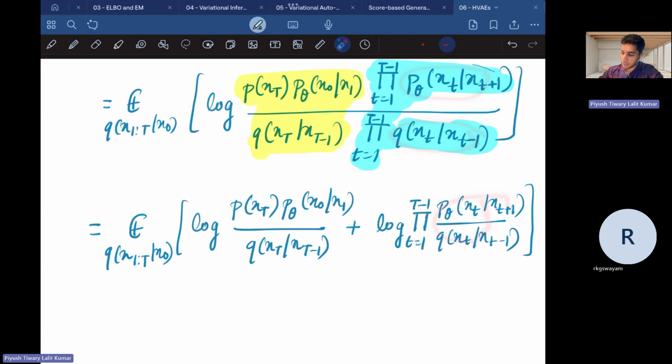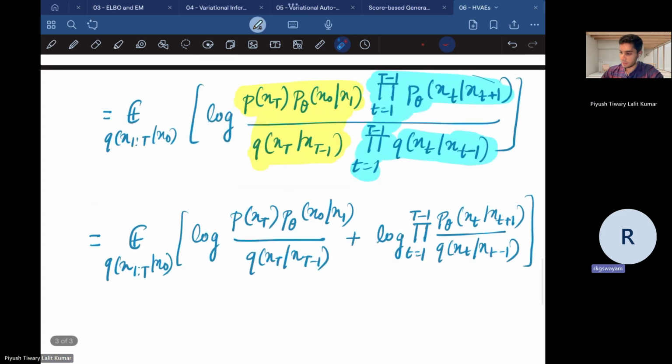Club the ones that have the same indexes, write them as a single term, and then take the product. Yes, clear.